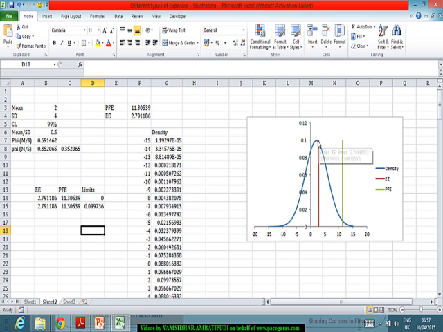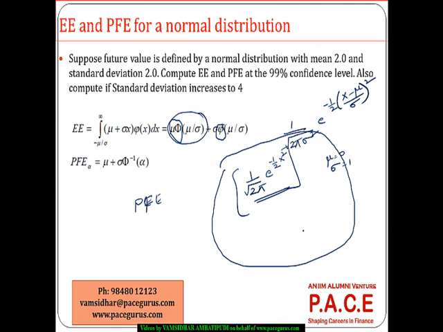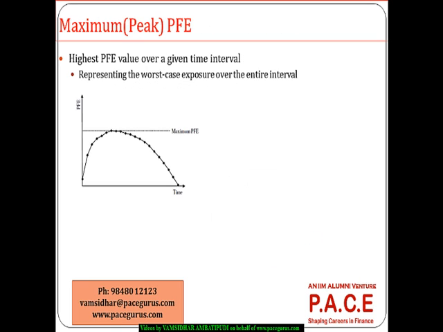So this is the point that corresponds to the expected exposure, and this is the point that corresponds to the potential future exposure, right? Now the next thing that comes up for me is the maximum PFE, which is nothing but the peak.